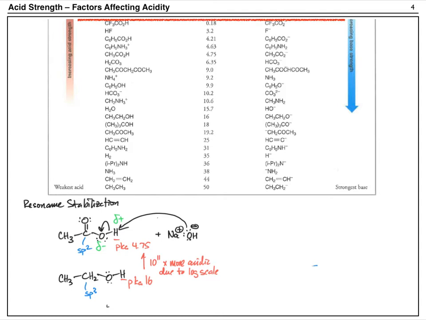Let's draw the conjugate base. Plus the conjugate acid. So sodium is the counter ion of that conjugate base. Now we're forming the conjugate acid, which is water.